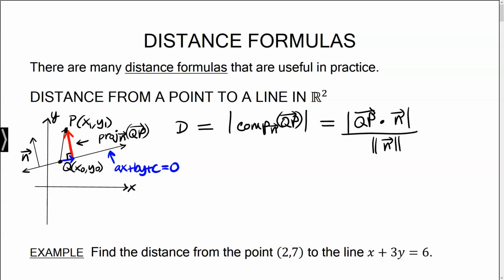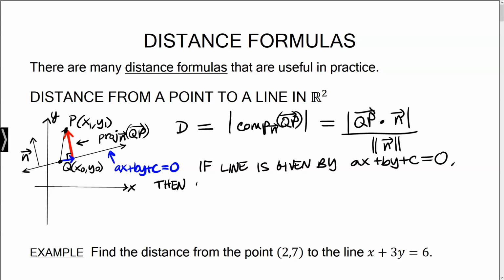Because in this case, we know that the normal is given by just the vector (a, b). We talked about this when we went over normal forms of lines and the normal form of a plane. So if the line is given by ax plus by plus c equals 0, then a normal is given by (a, b).